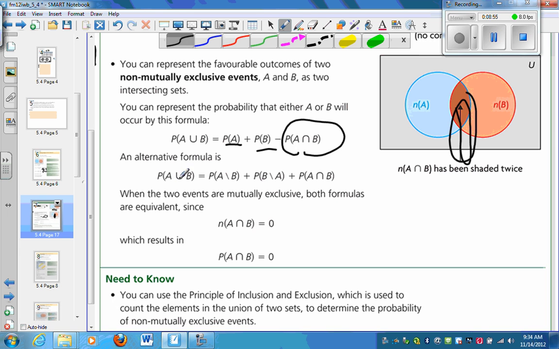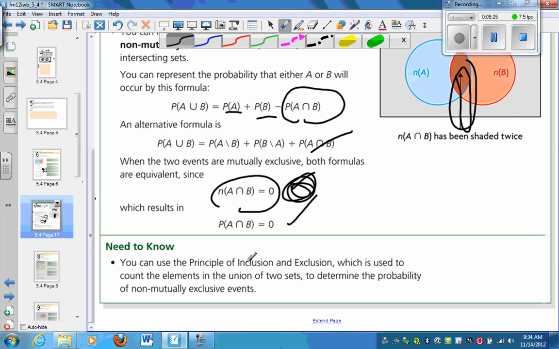Alternatively, you can say the probability of A union B is equal to the probability of A given B plus the probability of B given A plus the probability of A intersect B. When 2 events are mutually exclusive, both formulas are equivalent since this is 0, which results in the probability of that being 0. Because if there are no outcomes there, then the probability of that is 0.